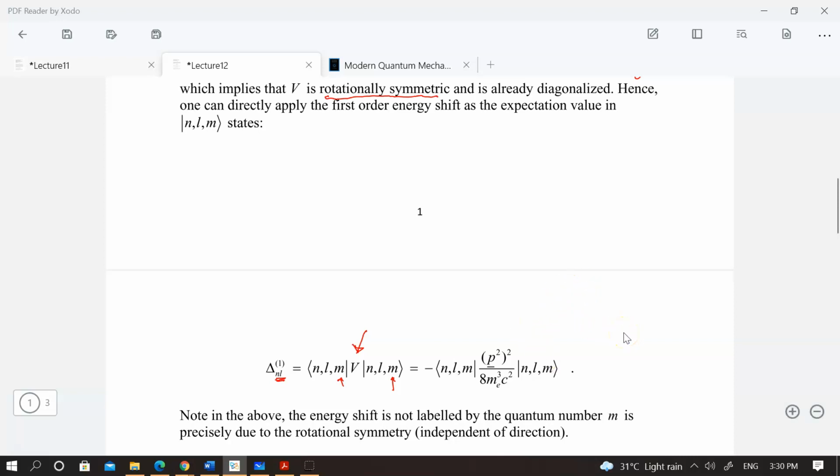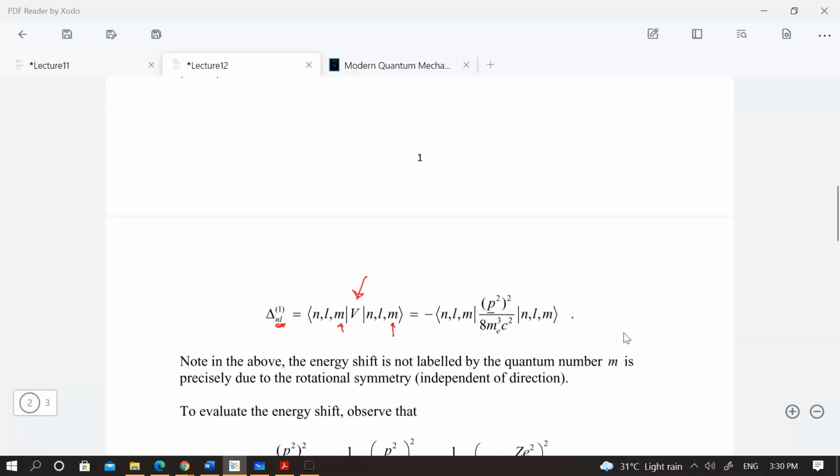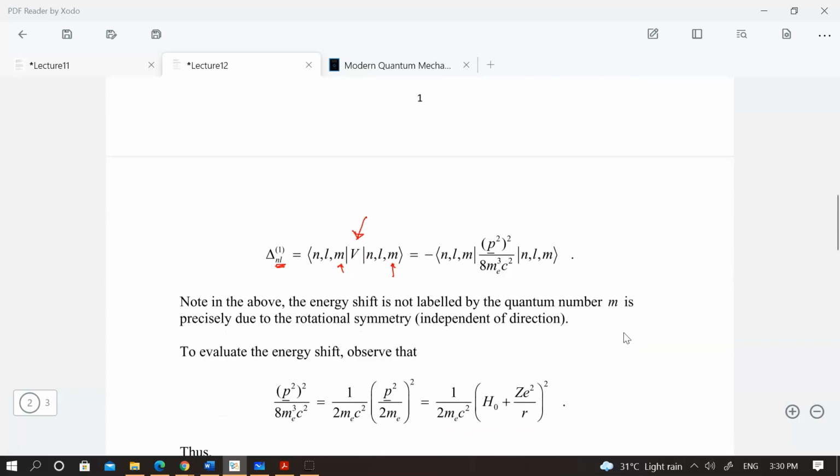So the only thing to do now is to find out the expectation value of this quantity here.